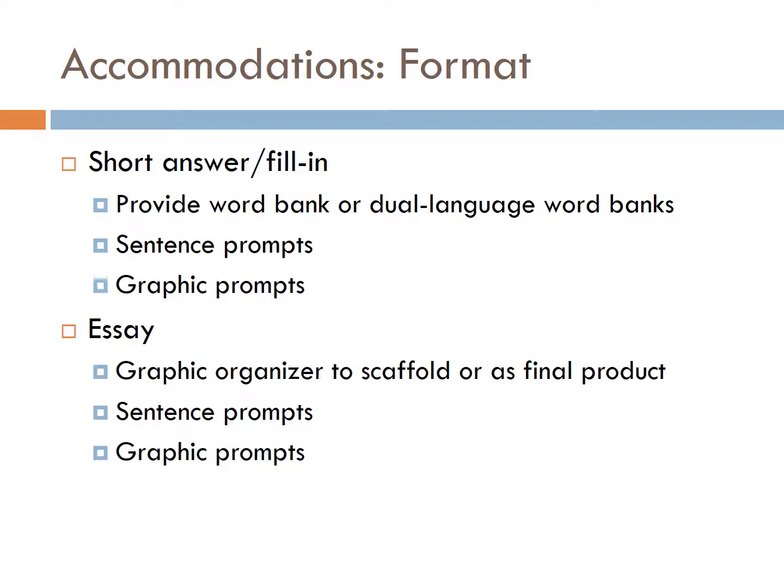So for example, if you were giving a short answer to the question, what does it mean to revolve around a planetary body, you could have a sentence that said, a planetary body that revolves blank another planetary body, and the answer would be goes around. Graphic prompts are very much the same way, little hints about what does the graphic mean.